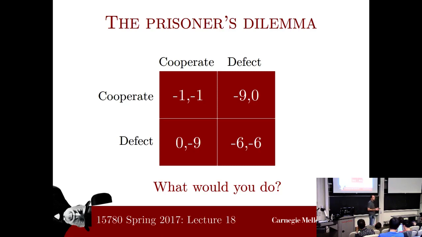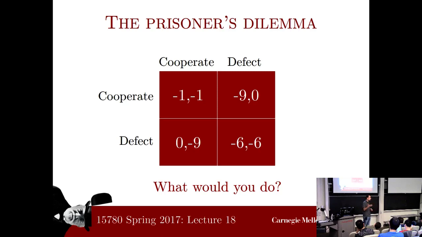Okay, so this is the crazy thing about this game, where the best outcome for both players overall is when they both cooperate and only get 1 year. But from a rational viewpoint, you're always better off defecting. So each player, if they think rationally, thinks, in any situation, whatever the other guy is doing, I should defect.